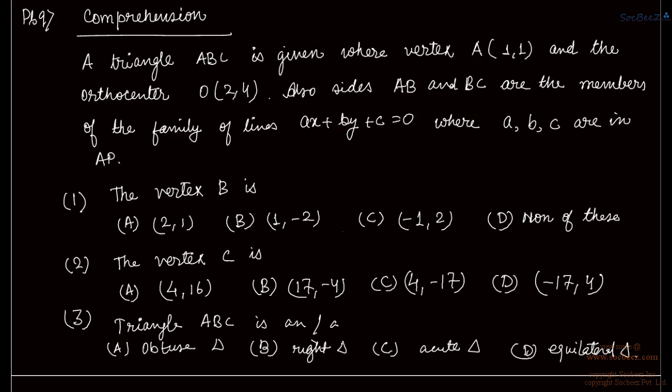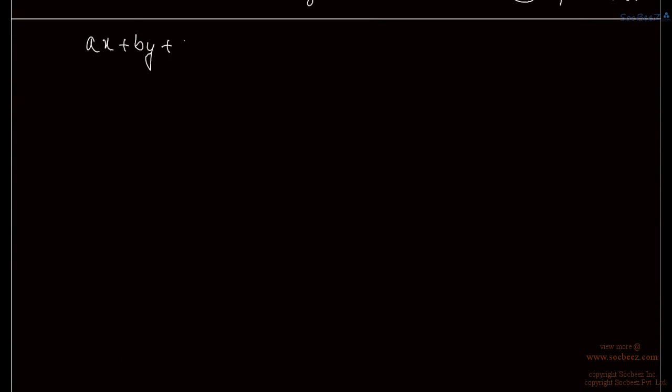So the first question is, the vertex B is... since the family of lines ax plus by plus c is such that a, b, c are in AP, let us check whether this line passes through some point or not. The line ax plus by plus c equals 0, this family of lines is such that a, b and c are in arithmetic progression.